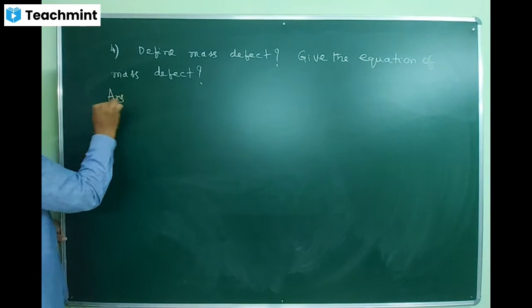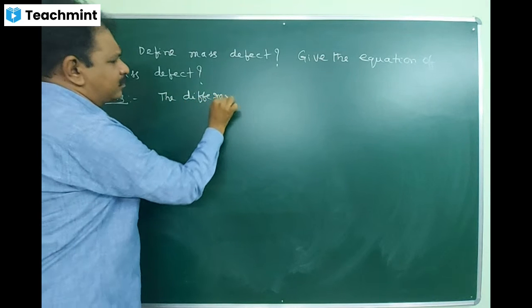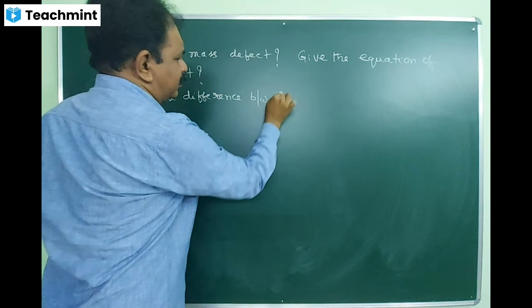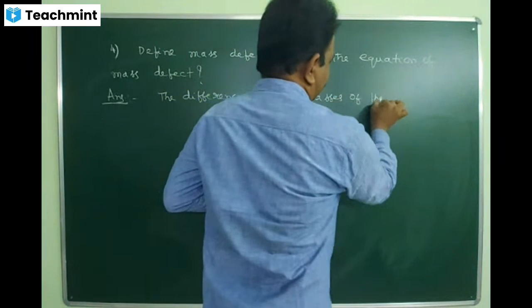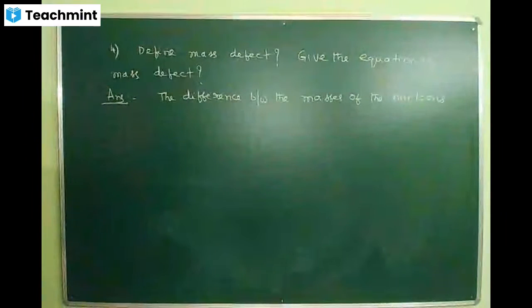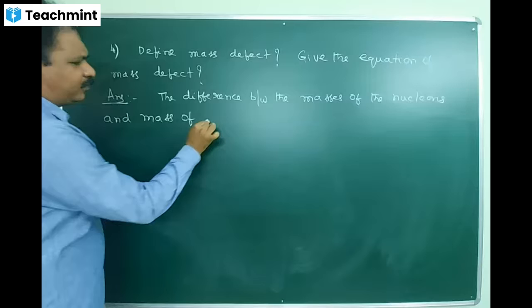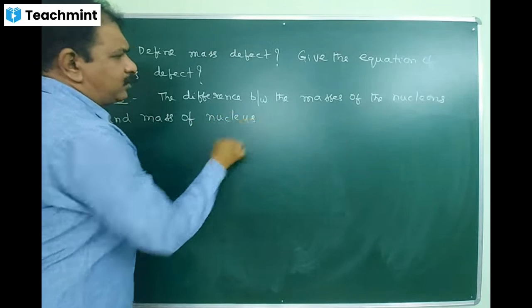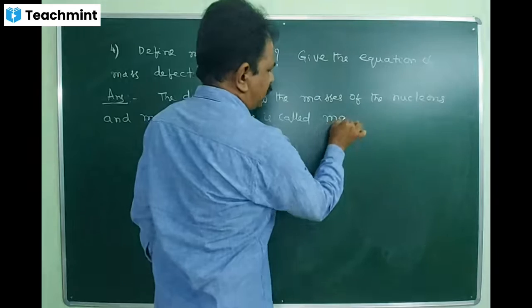So answer, right. The difference between the masses of the nucleons and the mass of the nucleus is called mass defect.